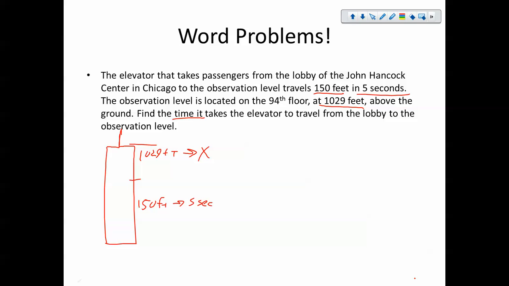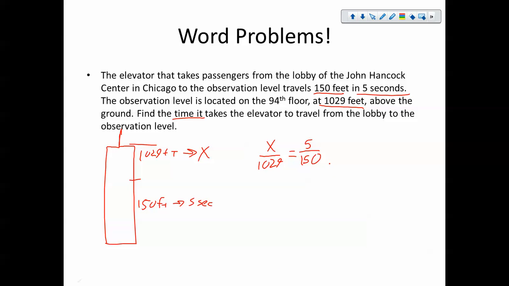So we can set this up the same way that we set up the tomatoes one, right? I can say that x over 1029 is equal to, so this was the time I'm looking for with the feet, the time that I know with the feet that I know, and we can then solve that equation.